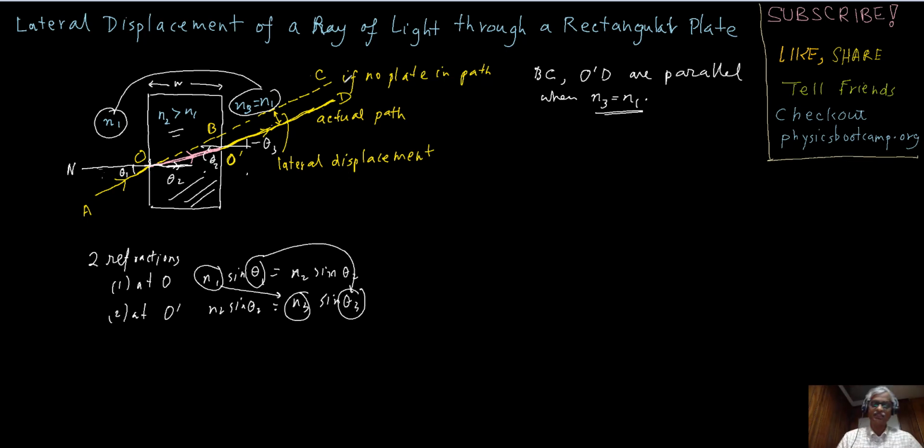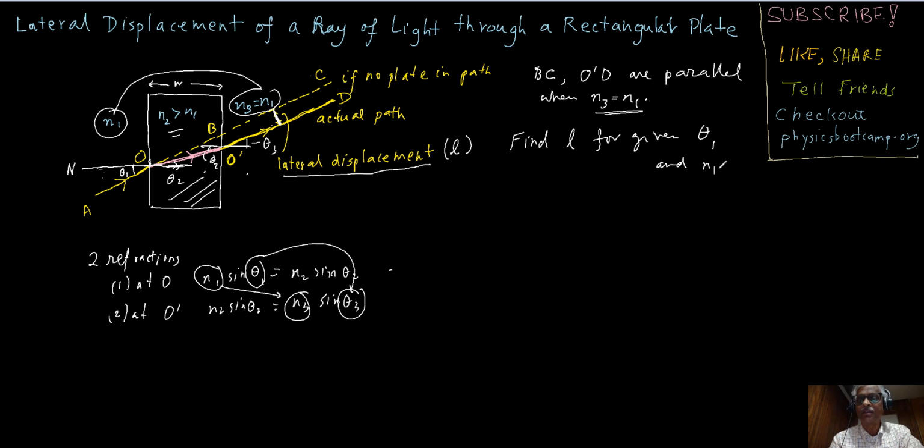So now it's parallel, but where it was going to be and where it goes, they're laterally displaced. And this perpendicular distance is called lateral displacement. I'm going to use the letter L for it, and that's the one I want to know. So the question is: find L for given theta 1, N1 and N2.